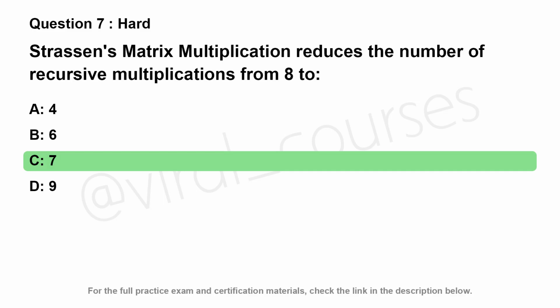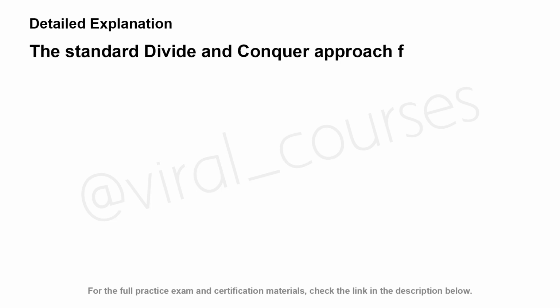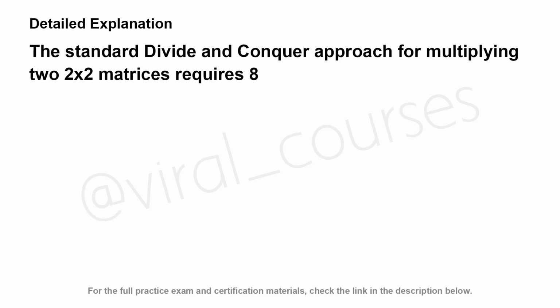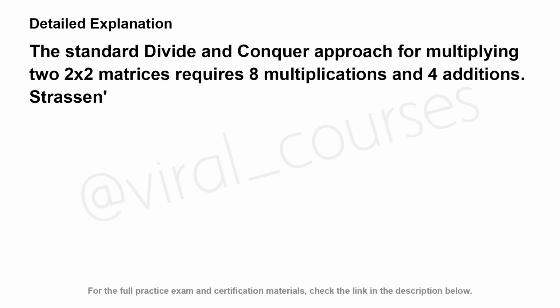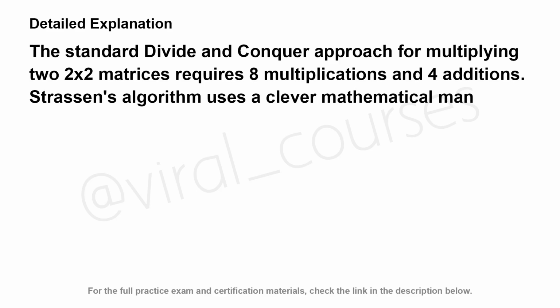The correct answer is C. The standard divide and conquer approach for multiplying two 2x2 matrices requires 8 multiplications and 4 additions. Strassen's algorithm uses a clever mathematical manipulation to reduce the number of multiplications to 7, at the cost of more additions.